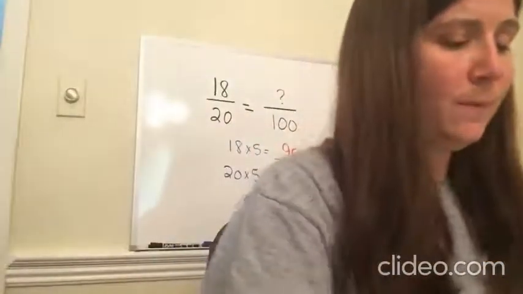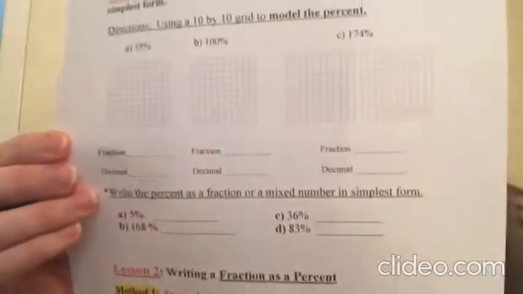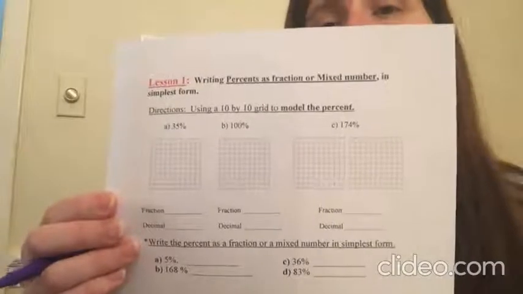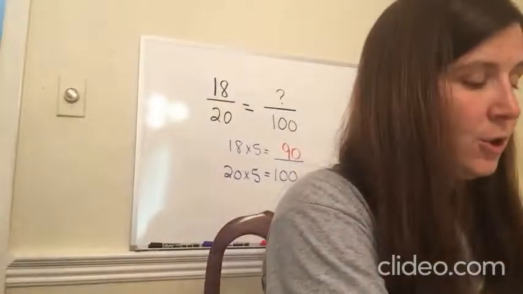Okay, for number 2, the second one is 100%. Now, 100% means I'm going to shade in 100 out of the 100 squares.